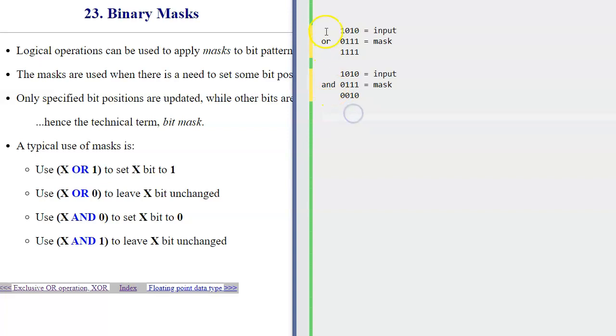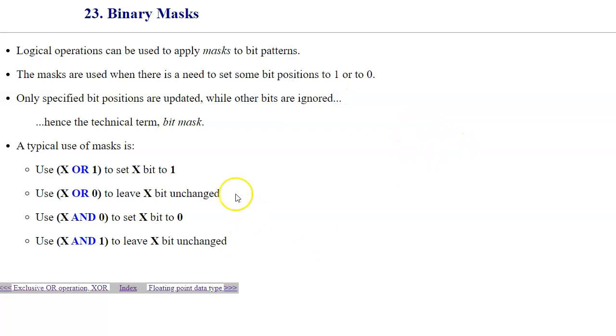So you can see that masks using AND and OR operations work on individual bits in multi-bit inputs. The mask has to be the same size as the input, and then it simply applies a specific operation, AND or OR, to the input, and we get the result accordingly.